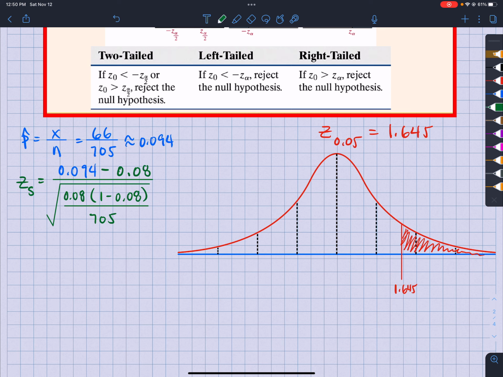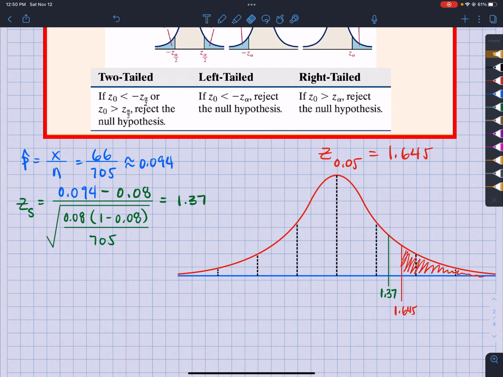So this z statistic is going to be 1.37. Okay, where's 1.37 on this graph? Well, 1.37 would be somewhere here. So am I safe? And the answer is yes, I'm very, very, very safe, right?